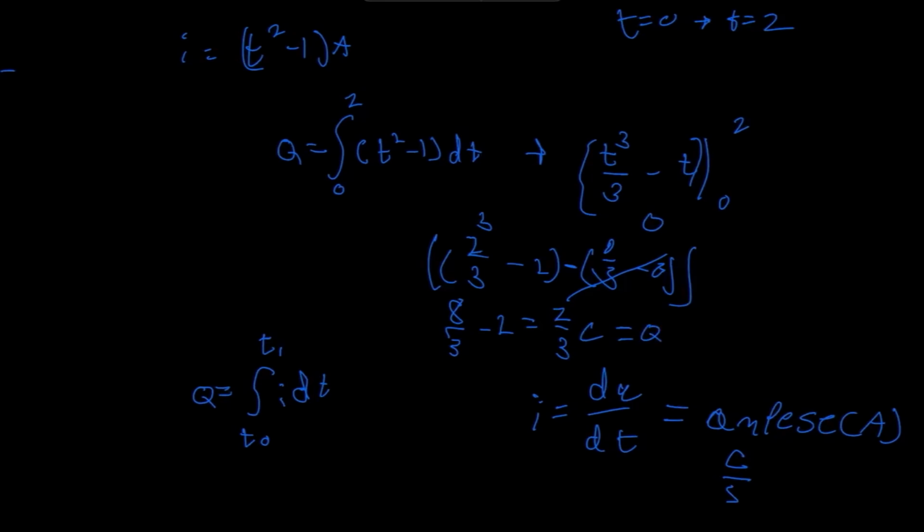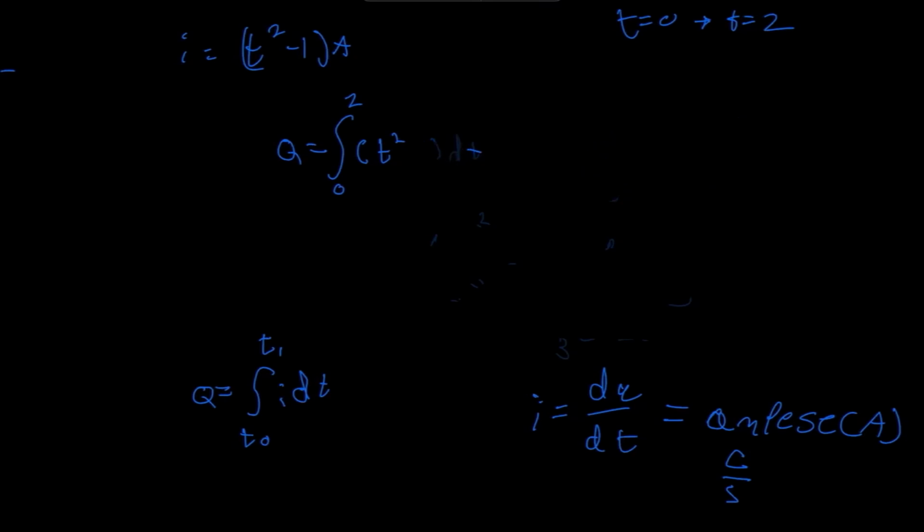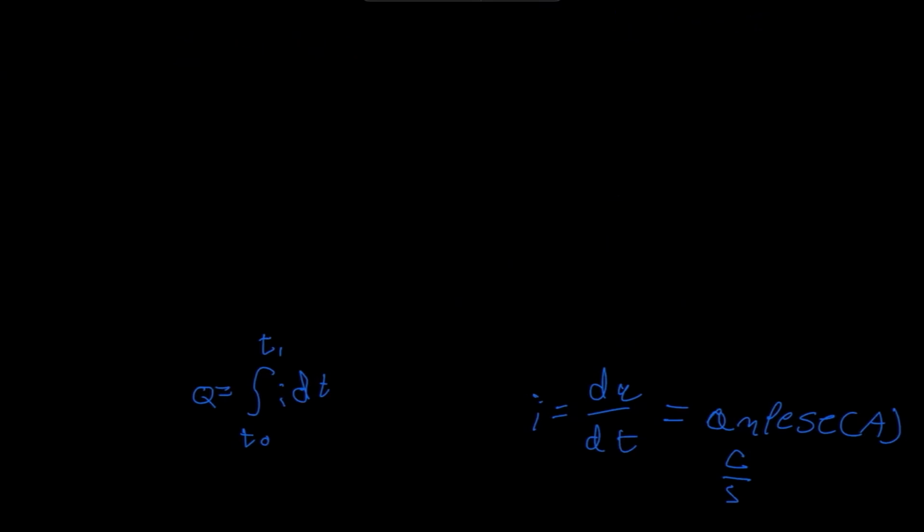So that's how you solve for charge and current mathematically. And there's another thing about circuits with current, which is very, very important. So when I have a circuit like this, and the current is flowing this way, I will be positive in this direction.